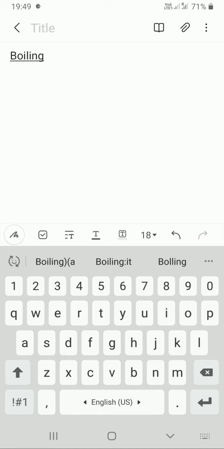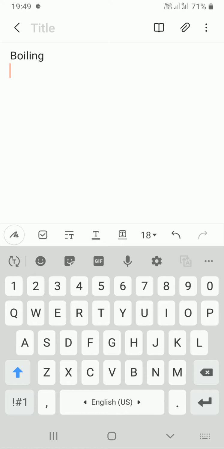Now, boiling is a process in which a substance changes from its liquid state to gaseous state at a constant temperature and pressure. In the definition we mention that it is at constant temperature and pressure because if we change the pressure, then the boiling point will change.